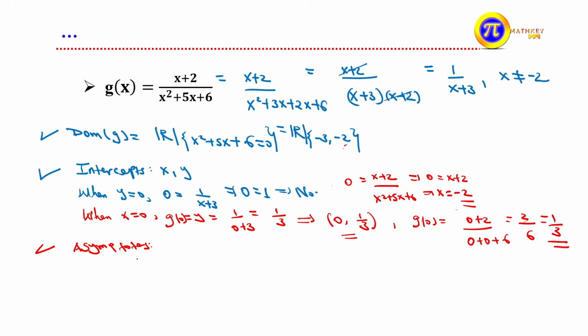The next one is asymptote. In case of asymptote we have horizontal and vertical asymptote. እዚህ ጋር ኦብዘርቭ ስናደርግ degree of numerator is less than degree of denominator ስለሆነ our horizontal asymptote is y is equals to 0 ይሆናል. What about vertical asymptote?